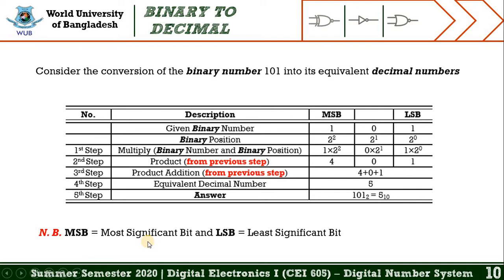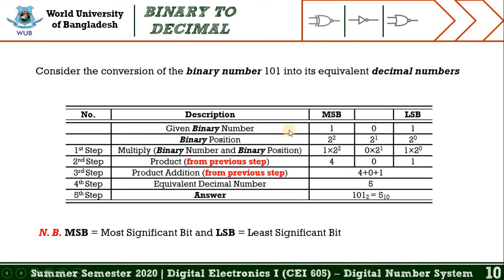The second row of the table represents the given binary number. We already see that the given binary number is 101. The third row represents the binary position.